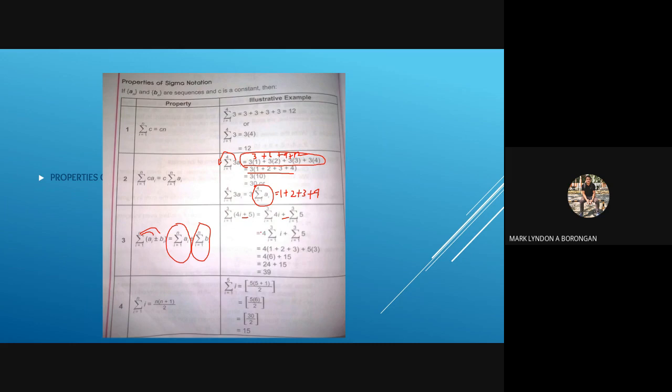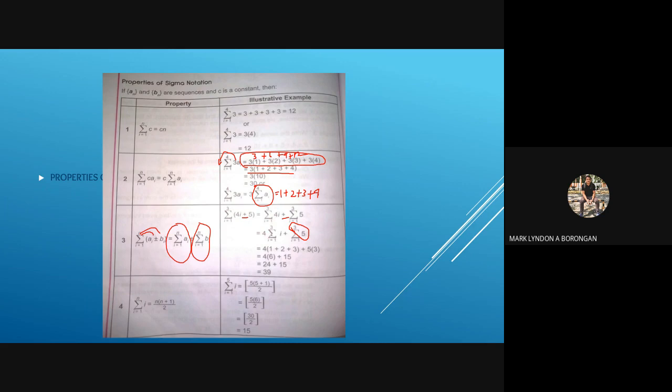The first part is 4 times i, so 4i. You isolate the 4, then you count from 1, 2, 3. So that is 1 plus 2 plus 3 times 4, plus, for the second part, property 1 is used because it is a constant: multiply the constant by the upper limit.